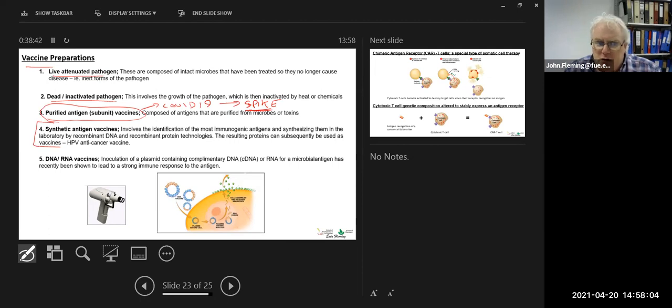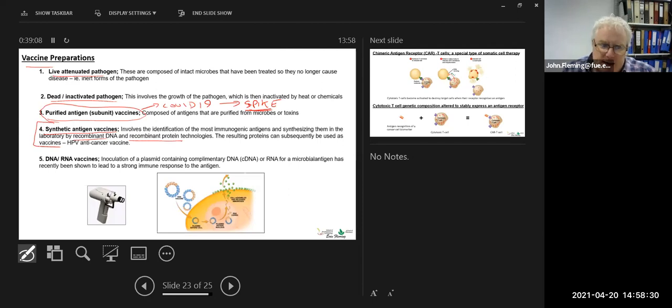But the other thing that we can do is take the nucleic acid sequence that codes for the spike protein, clone it into a plasmid, so we now have recombinant DNA. We can get a cell type to express this recombinant DNA to make a recombinant spike protein, and then inject that into patients in order to develop immunity.